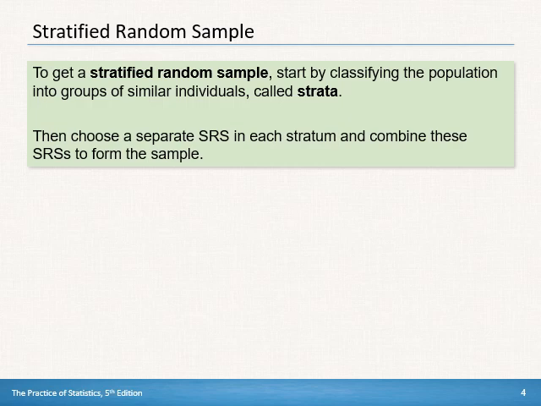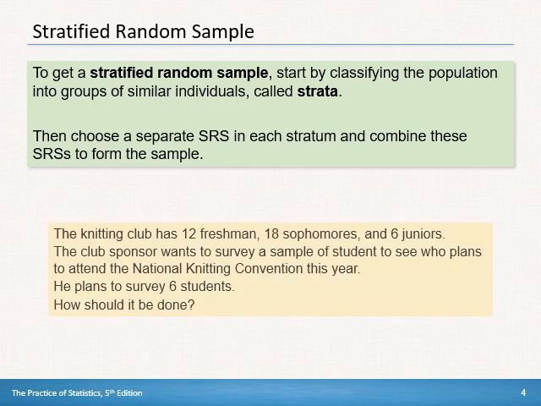So I might break the population up into younger people, middle-aged people, and then older people, and make sure that I have appropriate numbers from each group. That way, one of those groups is not underrepresented or overrepresented in my sample.